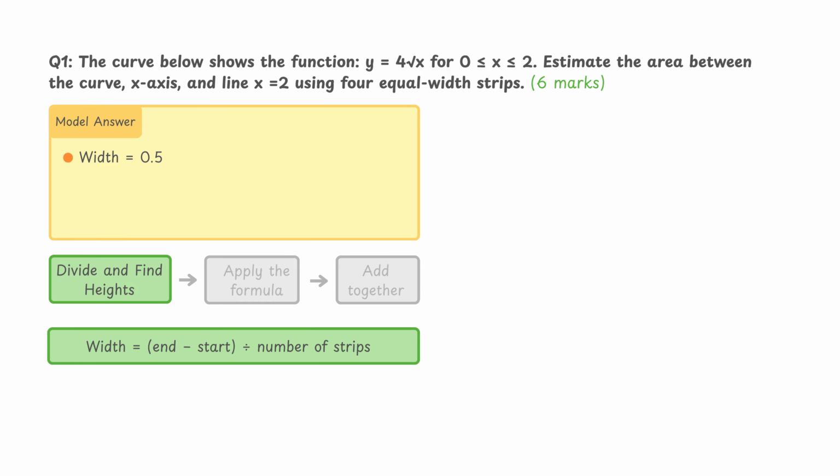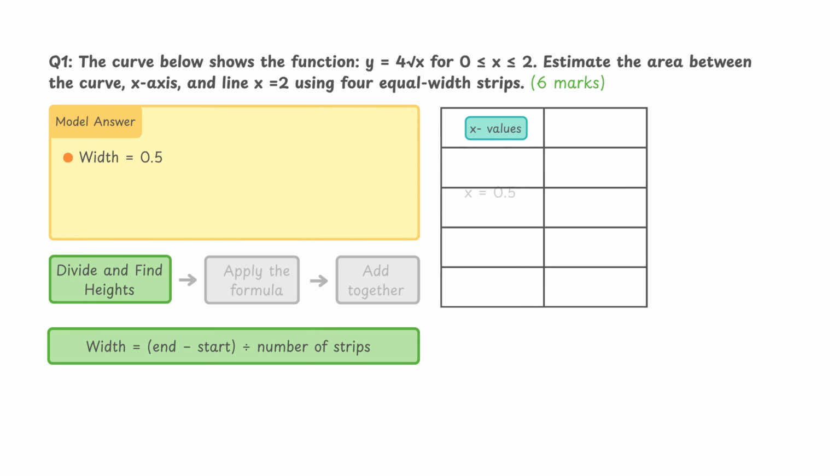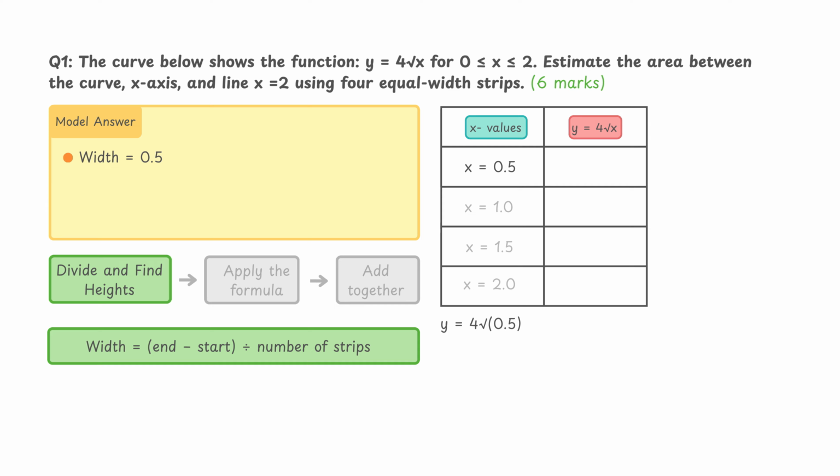Now we continue with the next step, finding the heights and calculating the area of each trapezium. We already have our x values, 0.5, 1.0, 1.5, and 2.0. Now we use the function y equals 4 square root of x to find the corresponding y values. Let's go one by one, slowly and carefully. When x equals 0.5, y equals 4 multiplied by the square root of 0.5, which gives approximately 2.83.